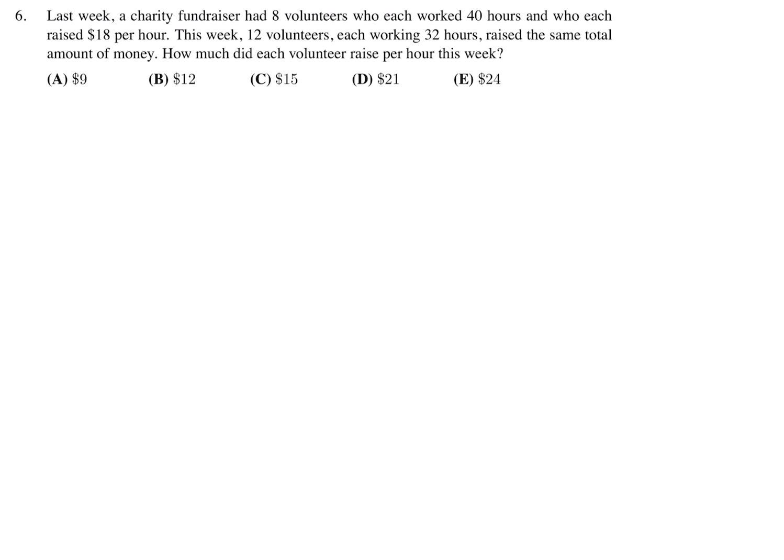Last week, a charity fundraiser had 8 volunteers who worked 40 hours and who each raised $18 per hour. This week, 12 volunteers, each working 32 hours, raised the same total amount of money. How much did each volunteer raise per hour this week? 8 volunteers, 40 hours, $18 an hour.